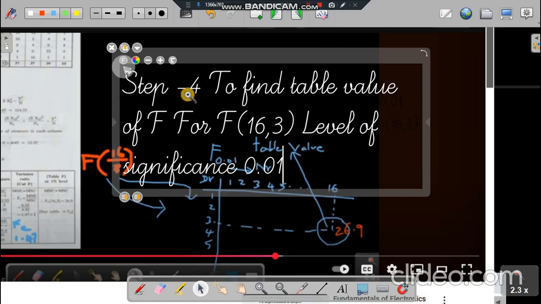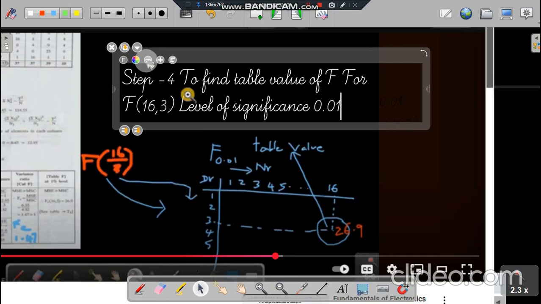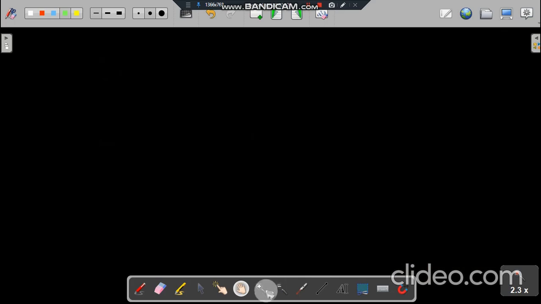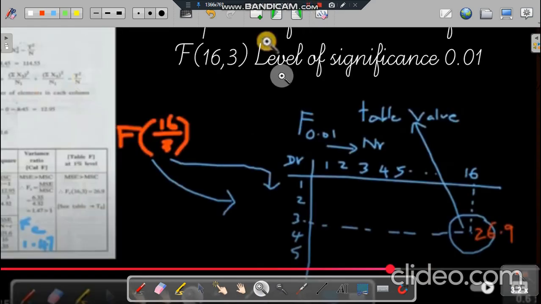So level of significance I am taking as 0.01, and I am writing it as 0.01. Yes, now look at the table here on the screen. The level of significance is 0.01, and the value of F for degrees of freedom 16 and 3 is calculated this way.